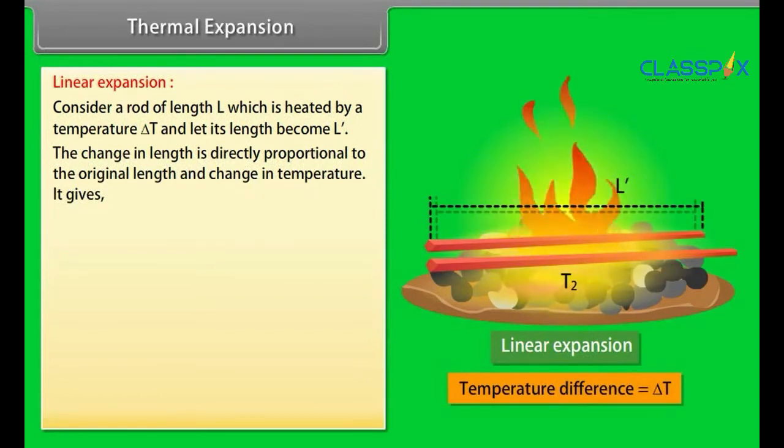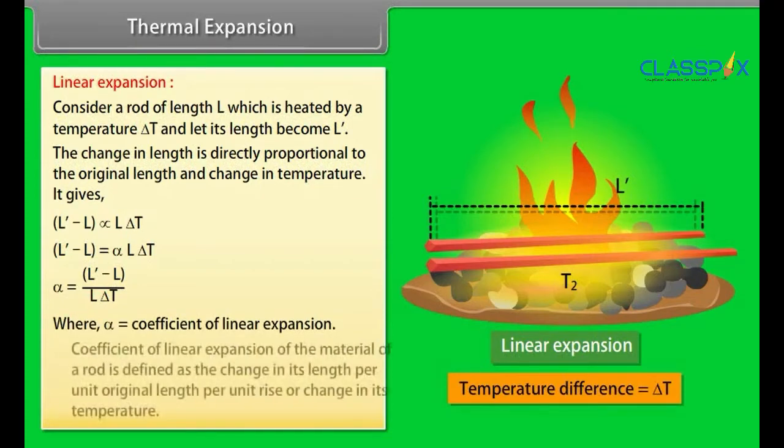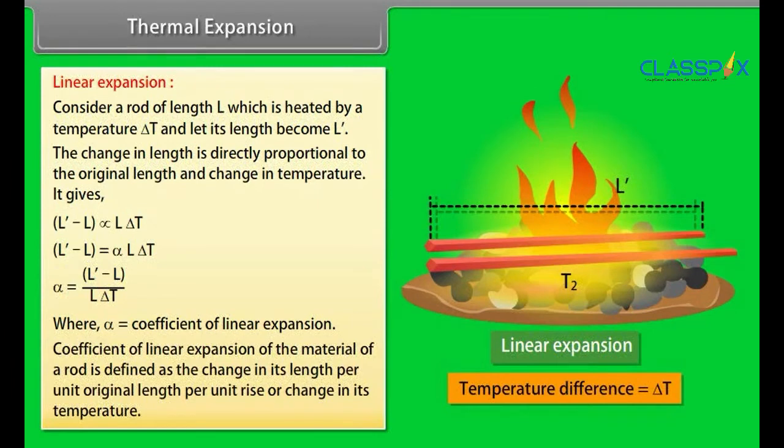It gives L' - L is directly proportional to LΔT, or L' - L = αLΔT. The value of α is equal to (L' - L)/(LΔT), where α is the coefficient of linear expansion. The coefficient of linear expansion of the material of a rod is defined as the change in its length per unit original length per unit rise or change in its temperature.